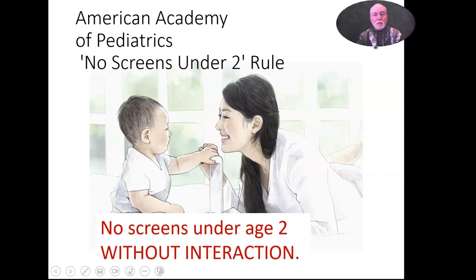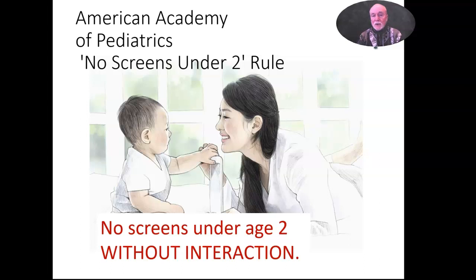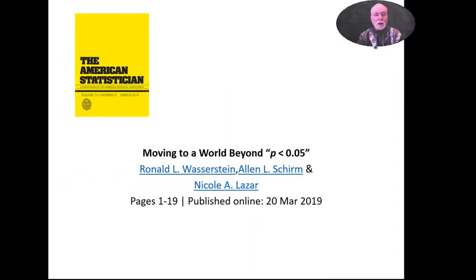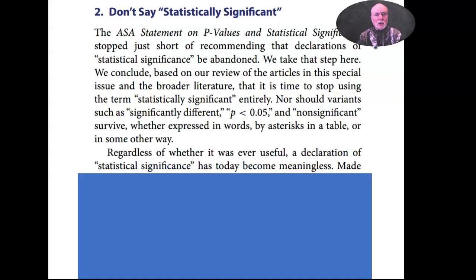Another example of moving from a rule to a principle comes from statisticians. In 2019, the American Statistician Journal published a special issue entitled Moving to a World Beyond P less than 0.05. And in that special issue, they posited the rule, don't say, quote, statistically significant, close quote.